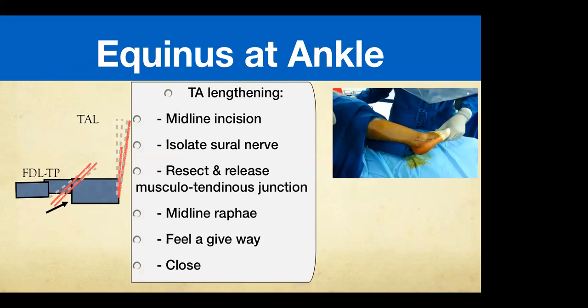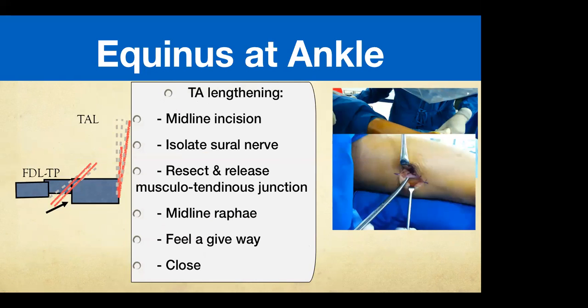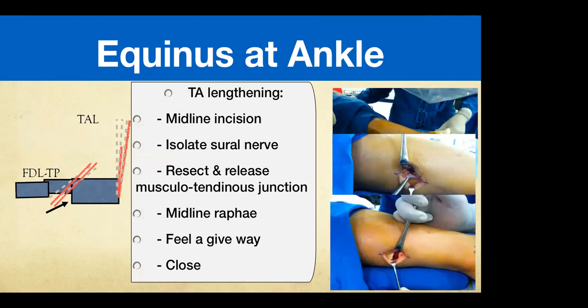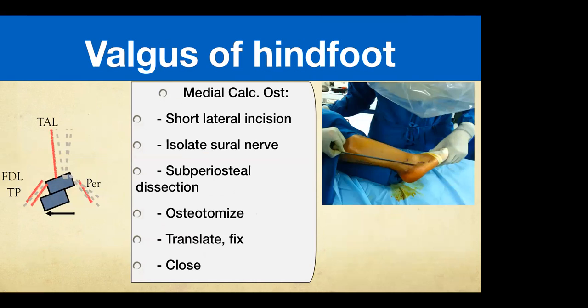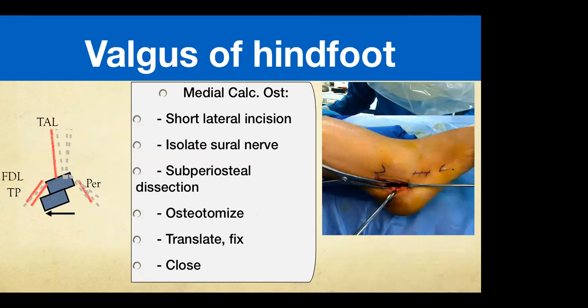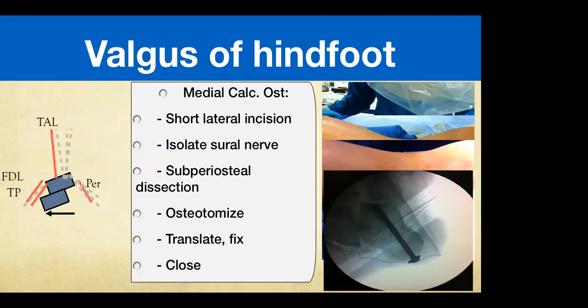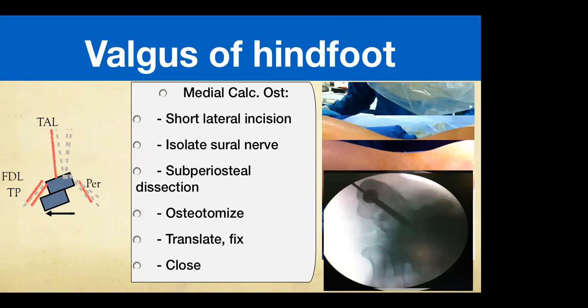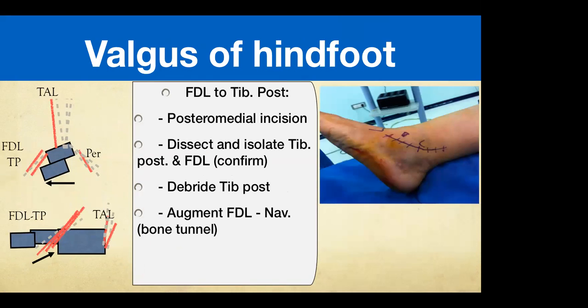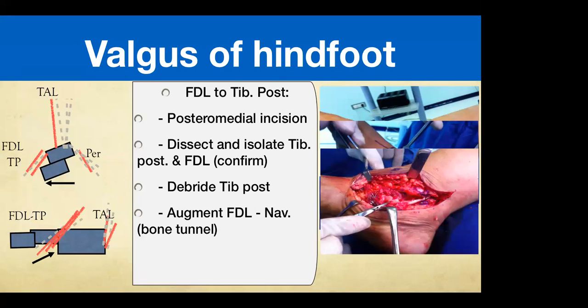So equinus at the ankle, you take a midline incision, isolate the sural nerve, resect the muscular tendinous junction, cut the midline raphe, feel a give way, and then close. So that's the equinus. Valgus of the hind foot, you do a calcaneal sliding osteotomy, direct incision, slide the calcaneum, pass a percutaneous screw. This is how it looks like. For tendon transfers to tibialis posterior, posteromedial incision, dissect and isolate the tibialis posterior and the FDL.